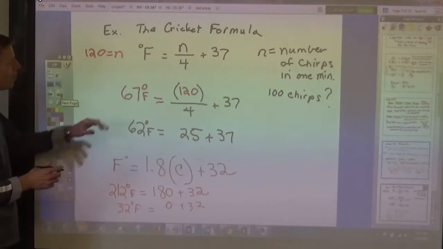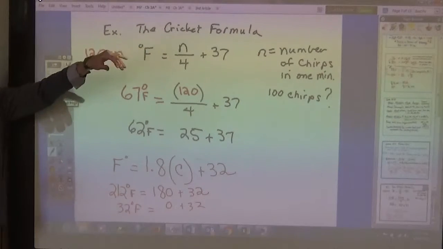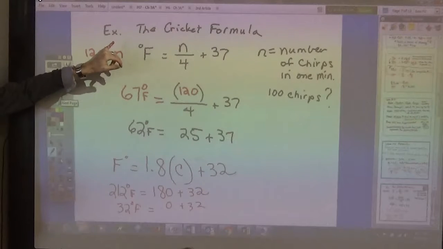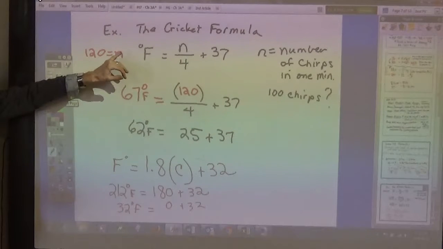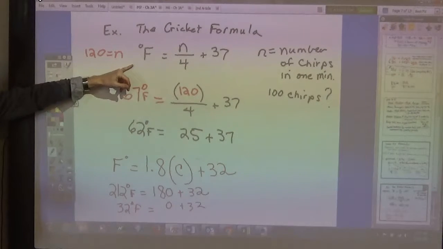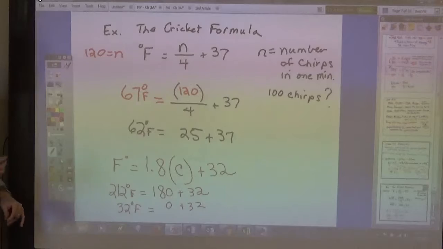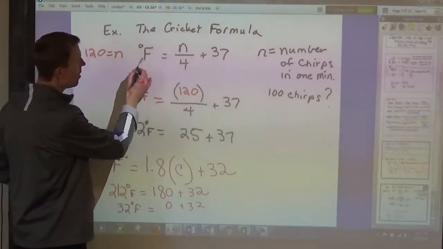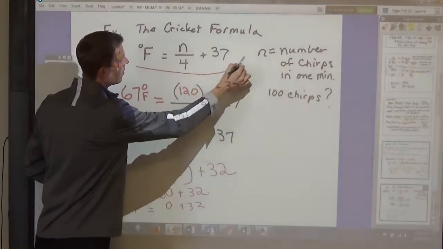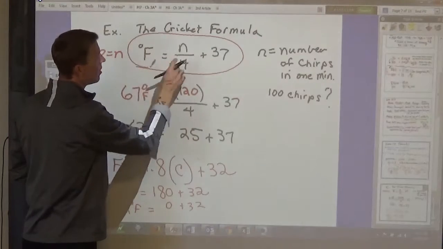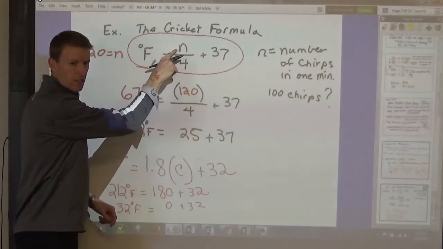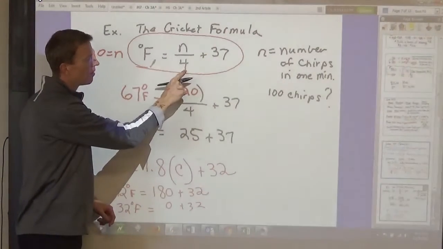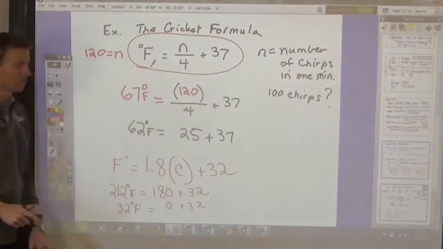There's a common formula. There's thousands of formulas. There's actually a formula for calculating the number of chirps that a cricket chirps in 1 minute to find the temperature outside. The formula is this. The temperature in Fahrenheit is equal to the number of chirps divided by 4 plus 37.